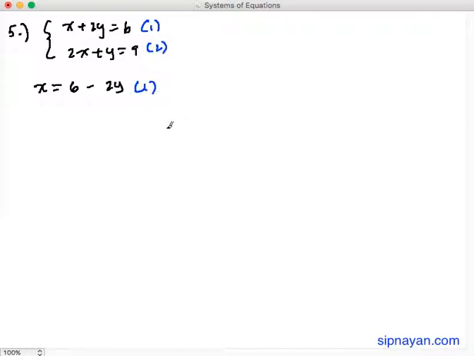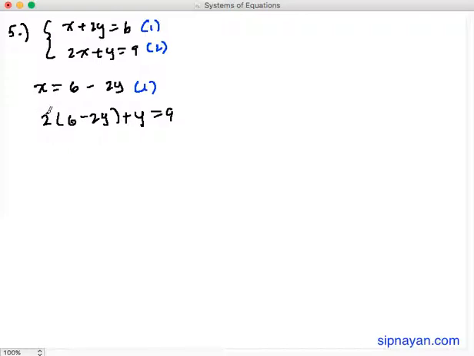Using equation 2, we substitute the expression which is equivalent to x. So 2x here, but the equivalent value niya ay 6 minus 2y, and then plus y equals 9.